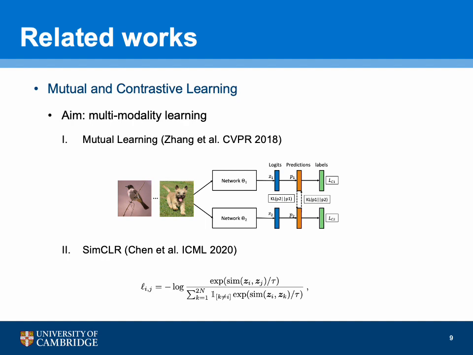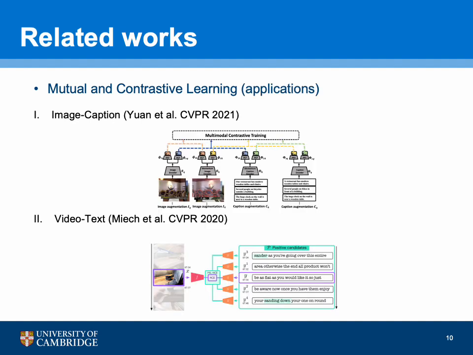Therefore, in order to solve the challenge, we can apply mutual and contrastive learning to all tasks. Because mutual training simplifies the joint optimization, and contrastive learning can promote better representation learning.